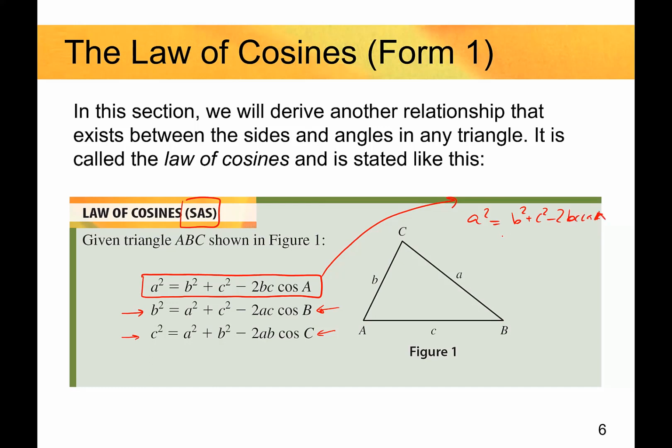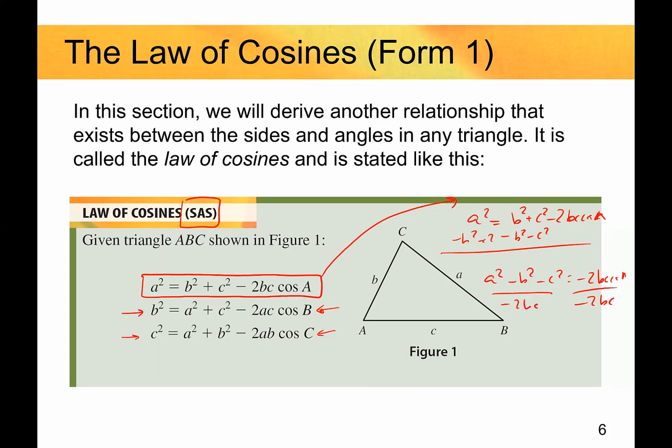If I were to solve this for the other, you would just subtract b squared, subtract c squared over to this side. Then I have a squared minus b squared minus c squared is equal to negative 2bc cosine A. Divide through by negative 2bc.